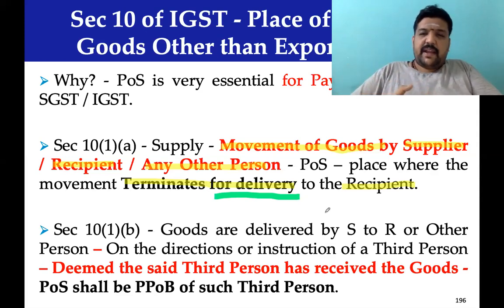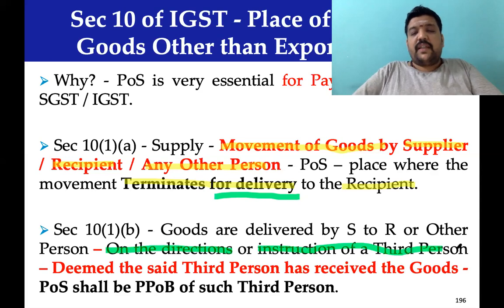When it comes to that discussion, 10(1)(b) comes out and highlights: when goods are delivered by the supplier to the recipient or any other person on the directions or instructions of a third person. Make yourself very clear, three persons are involved here.